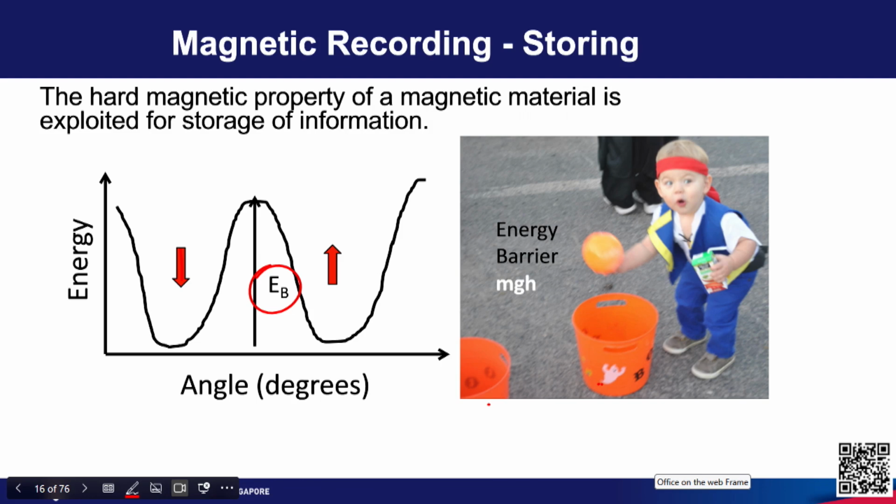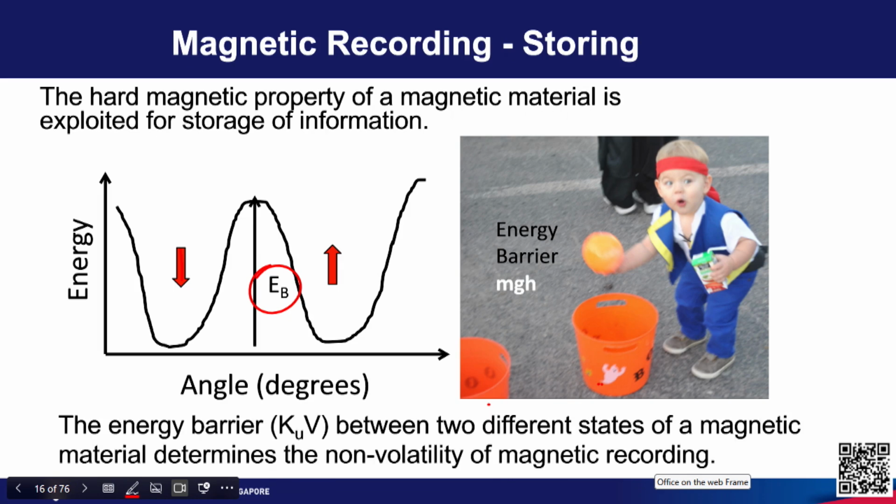In a similar sense, the anisotropy energy barrier prevents the magnetization from flipping from one direction to the other direction. That is what helps us to achieve the non-volatility of magnetic recording.